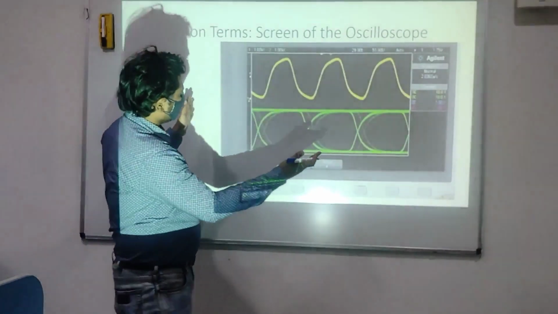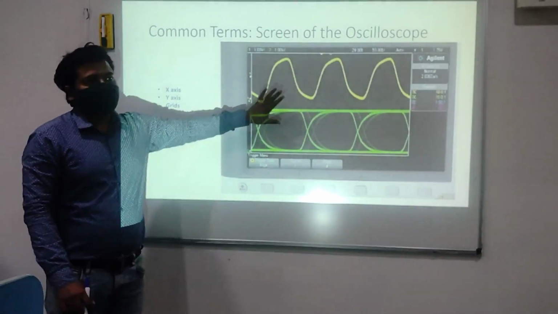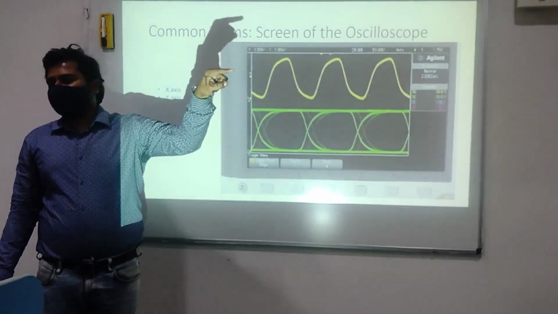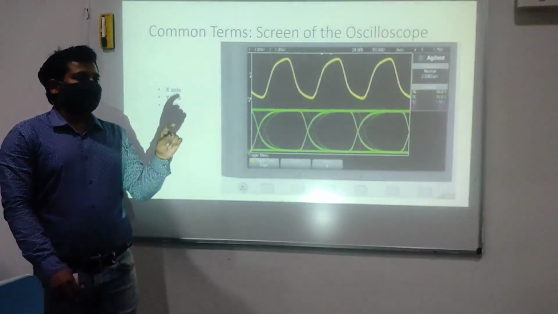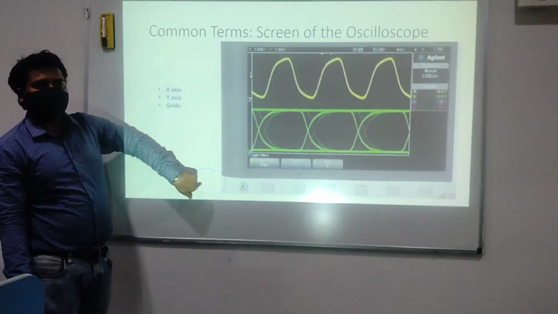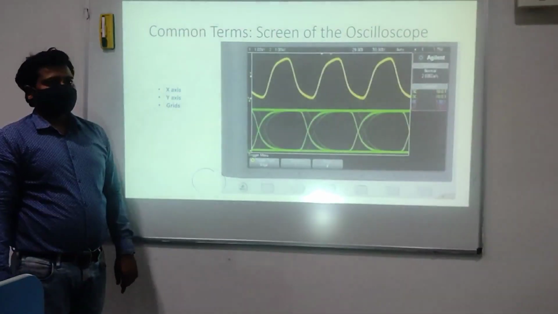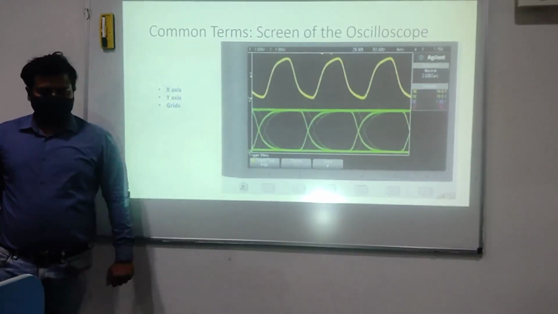Now coming to that beautiful screen which will help us in the measurement. This is the screen. If you switch on your oscilloscope, can you all switch on your oscilloscope? There is a button on the leftmost left corner, you can see the power sign there.